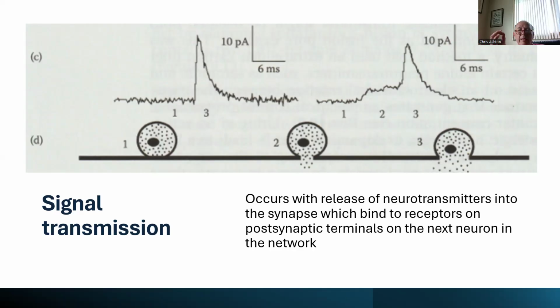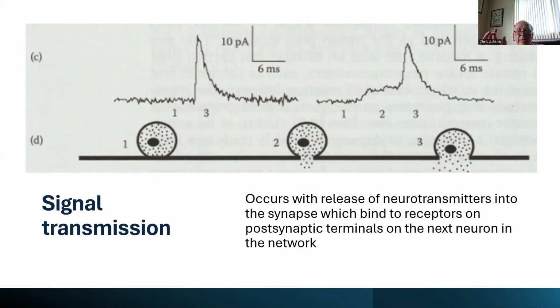And these are called G-coupled proteins or calcium channel gates. Interesting stuff, how it all works together on an electrochemical basis.